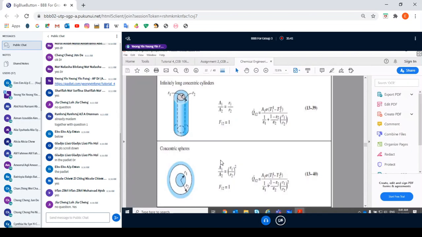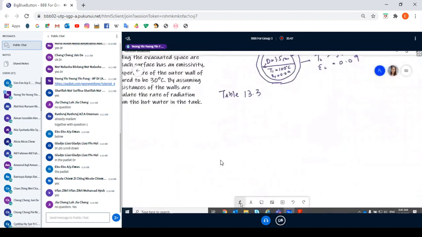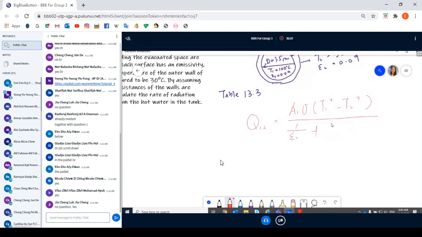So I call it up over here. You write down the equation Q12 equals to... What you need to get here is in fact the radii R1 and R2 before you can proceed.